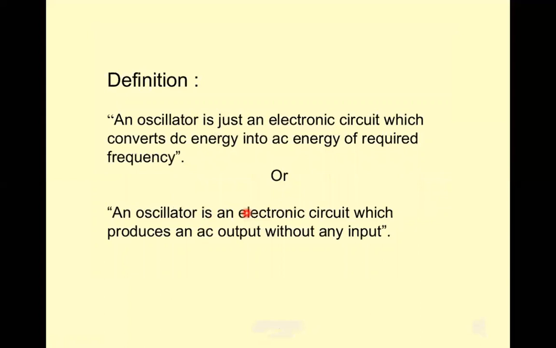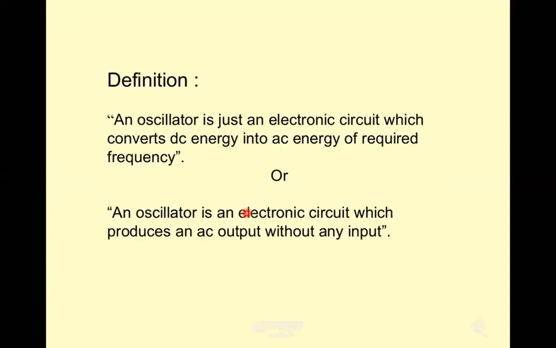Now, what is the definition of an oscillator? An oscillator is just an electronic circuit which converts DC energy into AC energy. So simply we can say that an electronic device which converts direct or DC energy into alternating energy can be referred to as an oscillator.